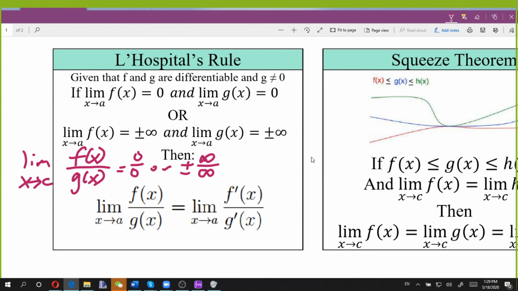Be really careful. This is not quotient rule. We're deriving the numerator and denominator separately. I'm not deriving the whole function. I'm deriving the top and bottom separate.